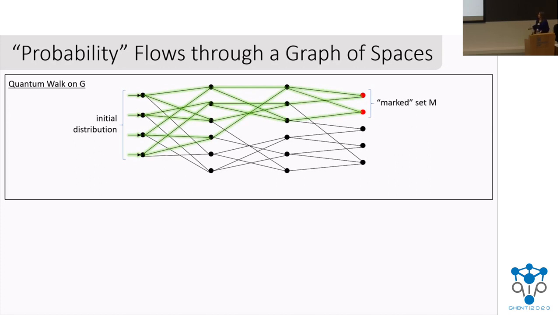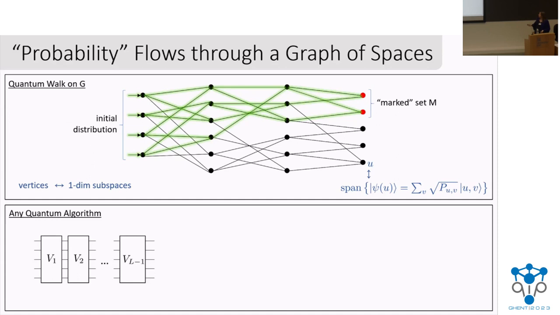And in quantum walks, we can associate with every vertex a one-dimensional subspace. If you work in quantum walks, this may look familiar to you, but please also feel free to just ignore all formulas in this cartoon picture and just look at the pictures. Let's think about quantum walks as probability propagating through a graph to some final states.